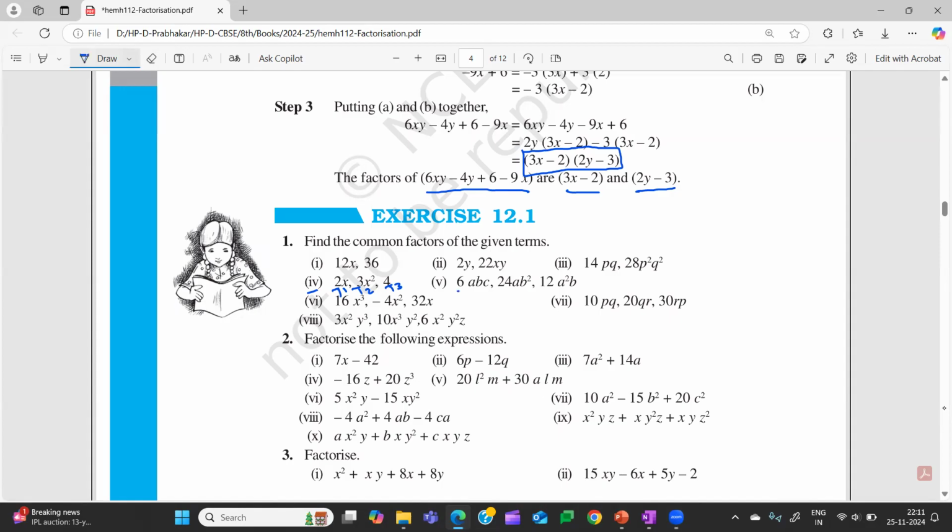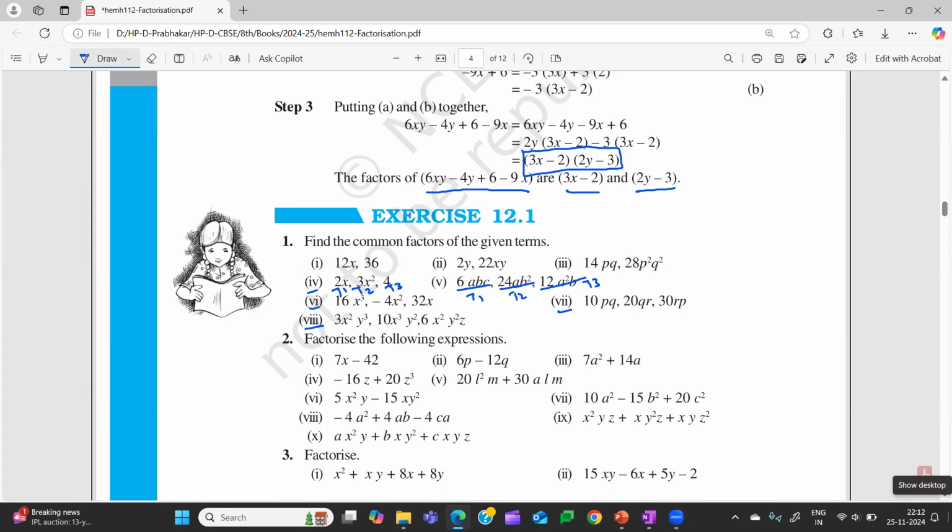And Roman letter 5 has 6ABC as term 1, 24AB square as term 2, and 12A square B as term 3. Likewise, Roman letter 6, Roman letter 7, Roman letter 8 also have all 3 terms. We'll take only one as an example. The rest I leave to you to try. And if you have any doubt, please put it in the comment section.